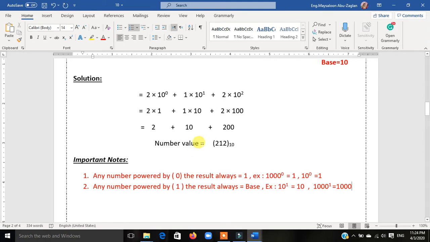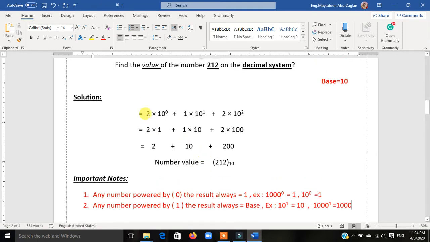So when I start multiplying, I start with the first number, which is 2, multiplied by 10. Why do we use 10? Because we deal with a decimal system, so the base is 10. So it's 10 power 0, plus 1, the second number, multiplied by 10 powered by 1, because this is the order of the number, plus 2, the third number, multiplied by 10 power 2.